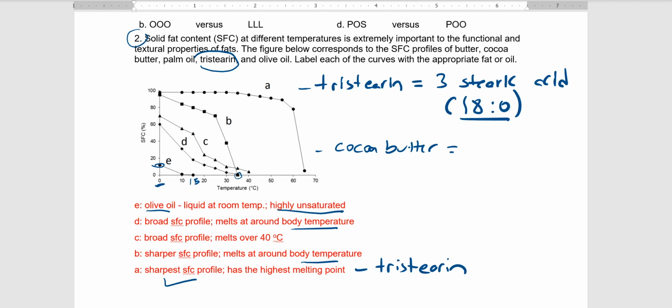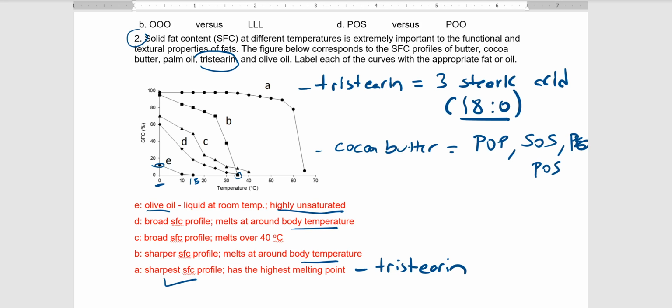So it has 3 major triacylglycerols. So this is palmitic, oleic, palmitic, stearic, oleic, stearic. So I will just write here: palmitic, oleic, stearic. You know, oleic is unsaturated.